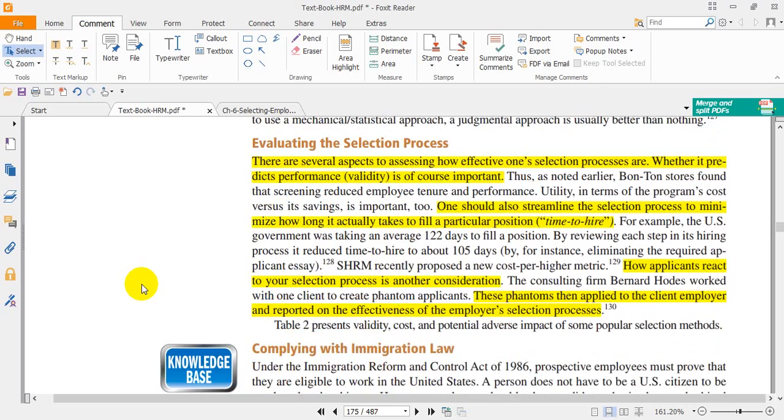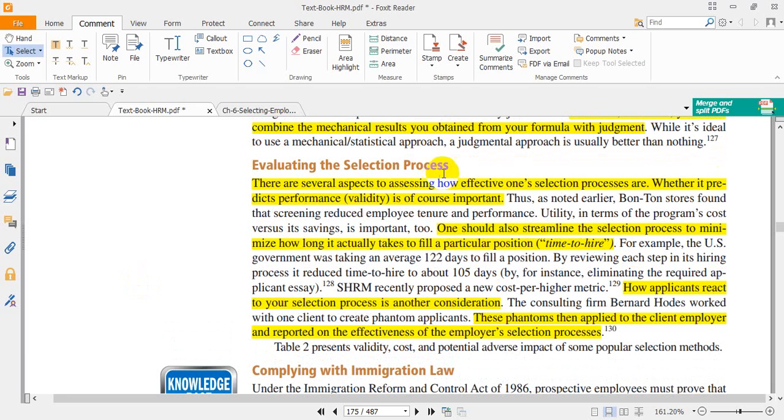Now let's move on to evaluating the selection process. There are several aspects to assessing and evaluating how effective one's selection process is. Whether it predicts performance, validity, is of course important.